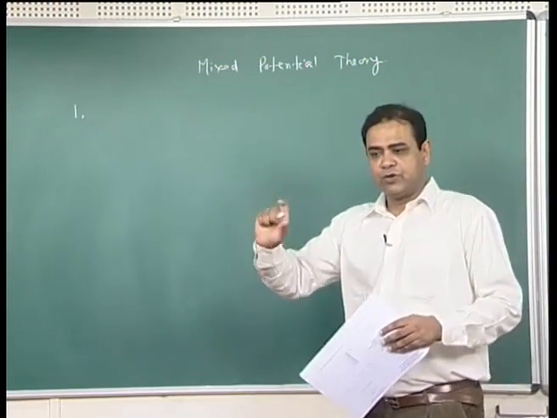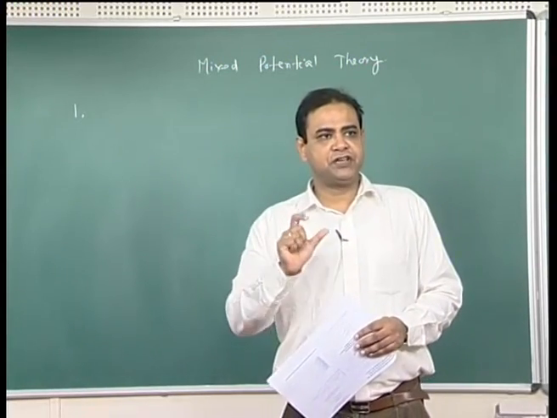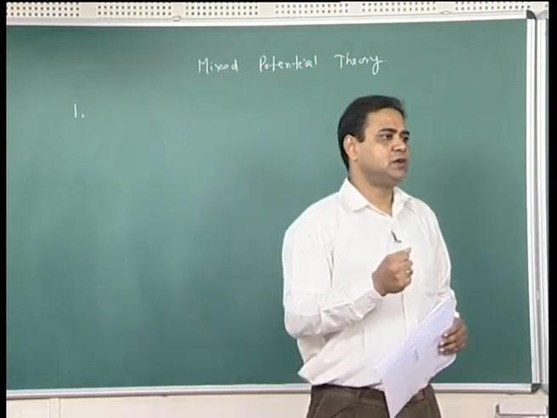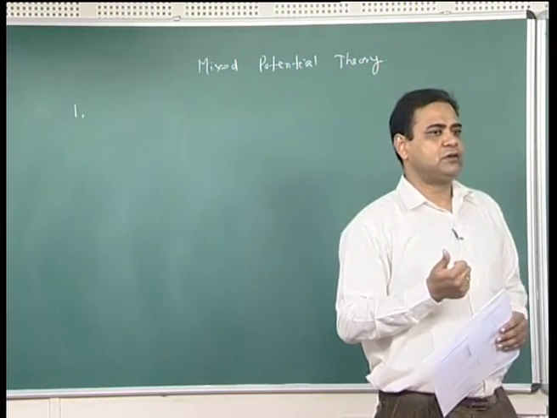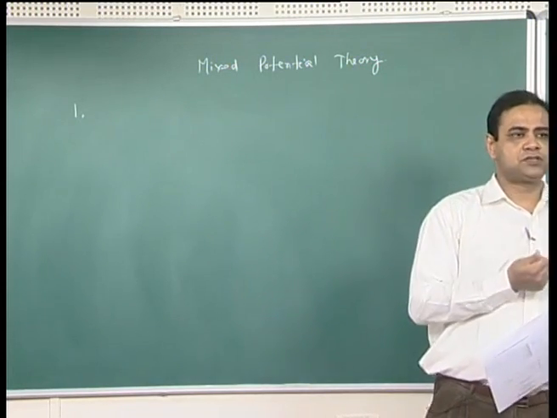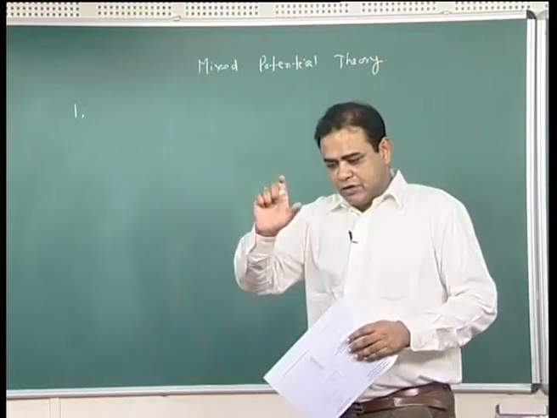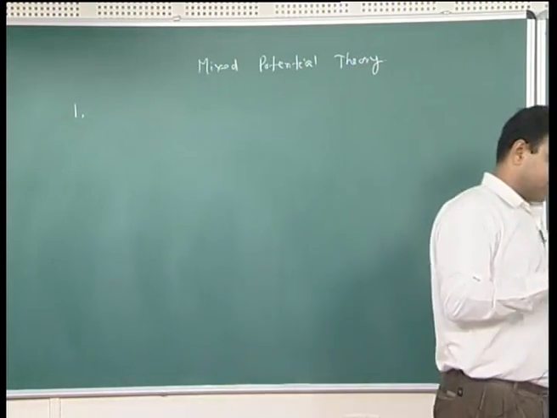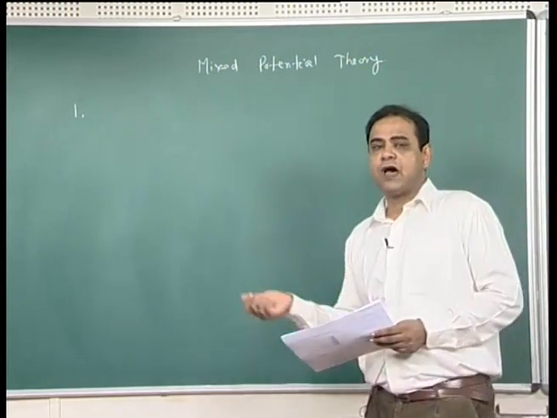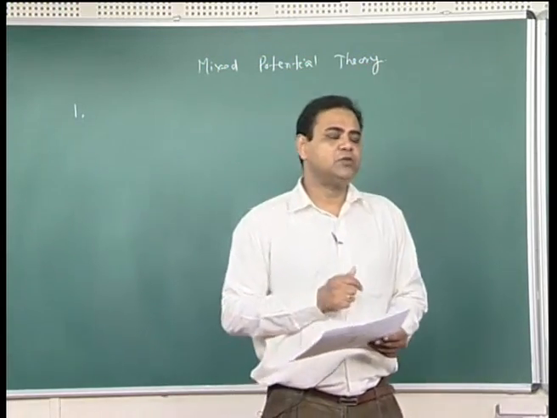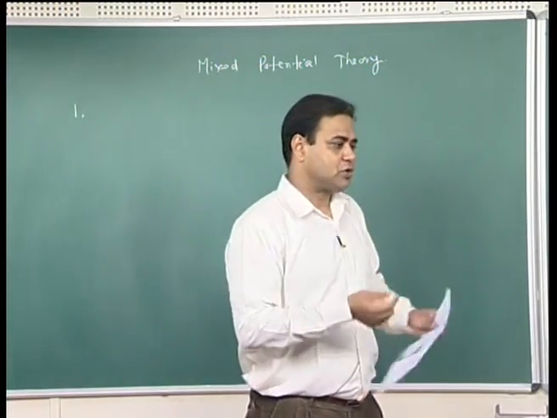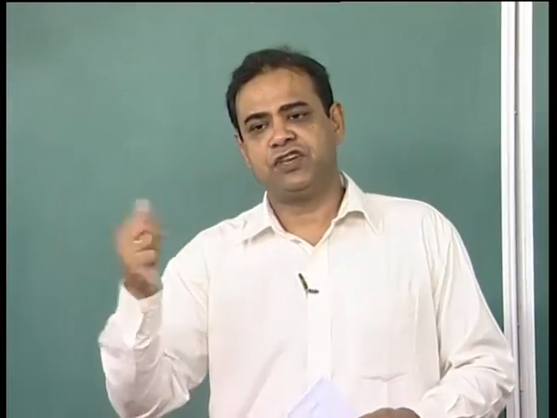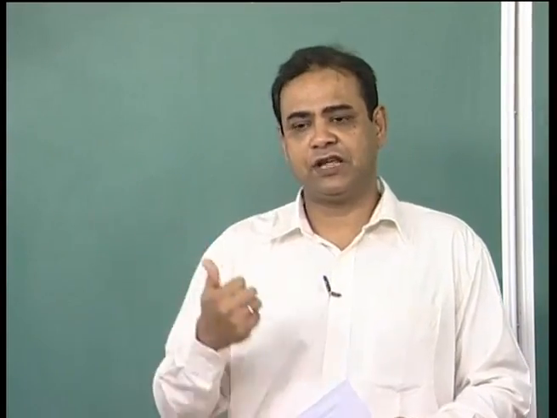That reaction can be divided into one oxidation reaction, zinc going into solution as zinc ion, and hydrogen ion in the solution getting reduced to hydrogen gas. But if you have oxygen in it, then you can have one more cathodic reaction. So you have two cathodic reactions, but the anodic reaction, the oxidation reaction, would be a singular one, that is zinc going into the solution as zinc ion.